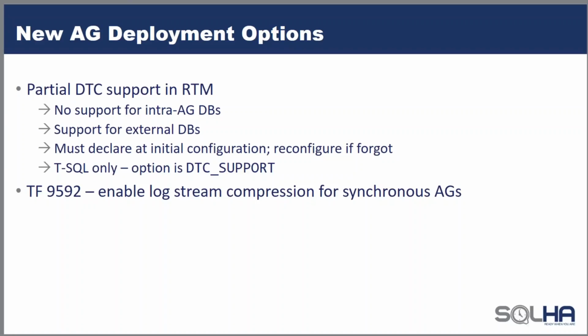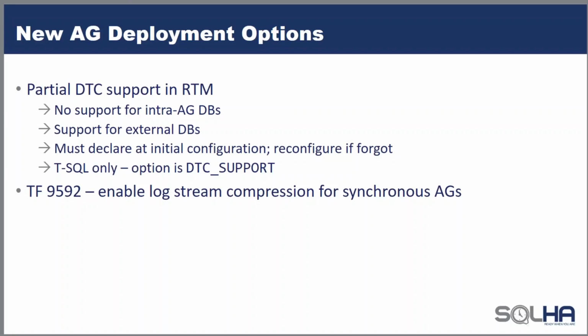Now, another one that obviously is an instance level that I'm mentioning here is that there's new trace flag 9592, so that if you have enough CPU reserves and you're doing synchronous AGs, you can enable log stream compression. Obviously, there's some CPU overhead associated with that, which is why it's off by default for synchronous, because synchronous is generally going to be busier.